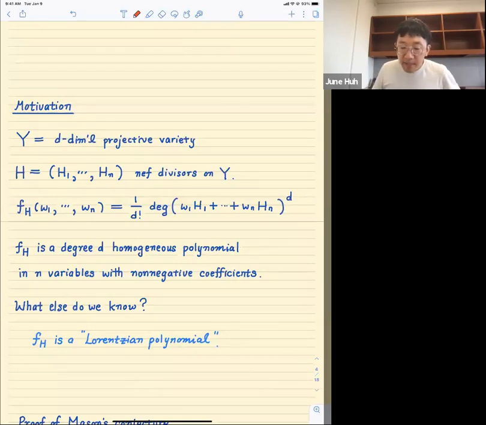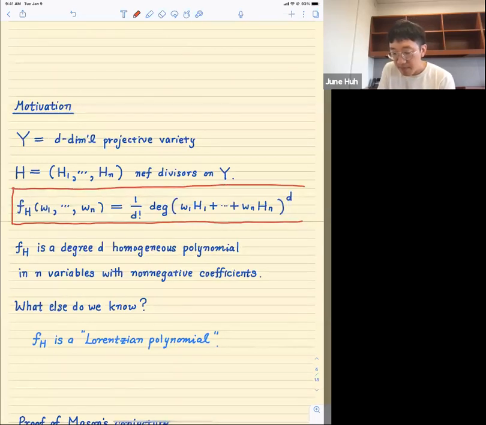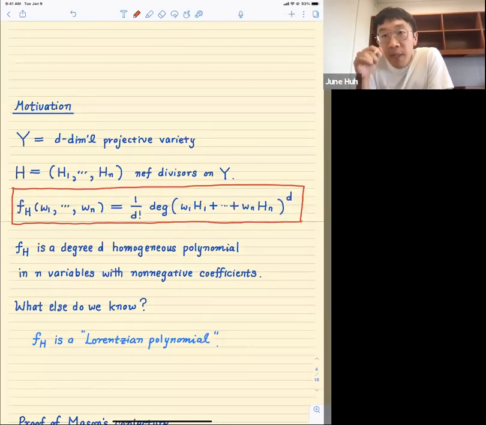So whenever you have this collection H of nef divisors, you consider this polynomial labeled by H. The wi's are my variables for the polynomial. You take the linear combination of the hi with respect to wi, take the d-th power and take the degree, and you divide by d factorial, which is mostly for cosmetic purposes.